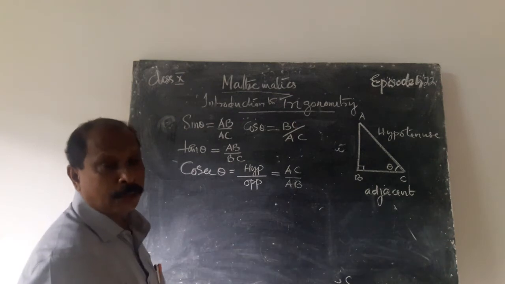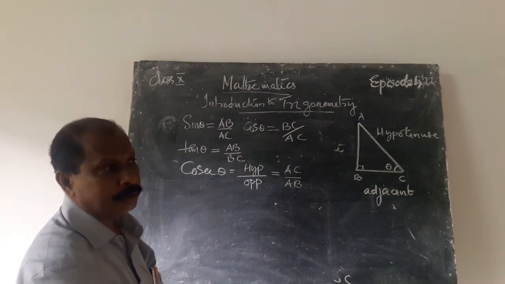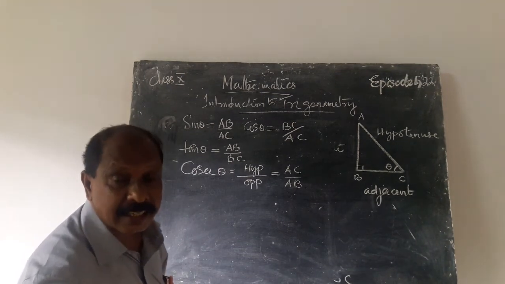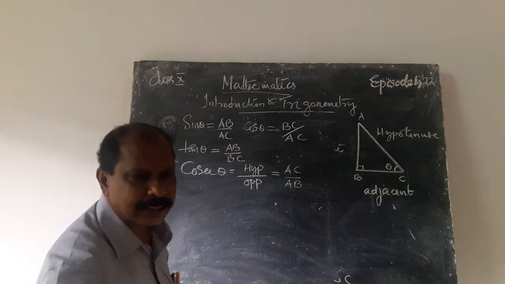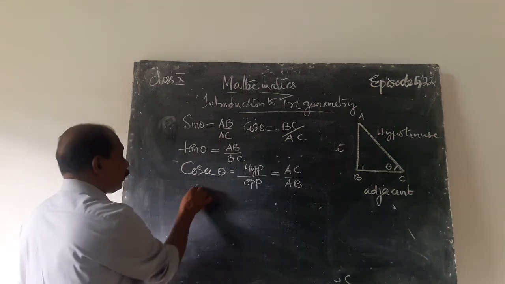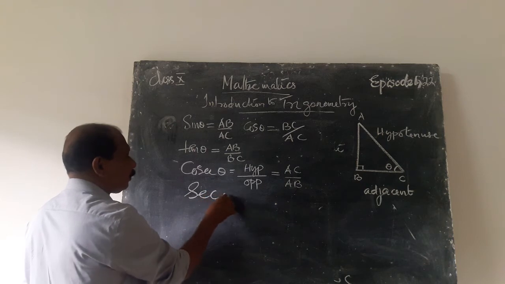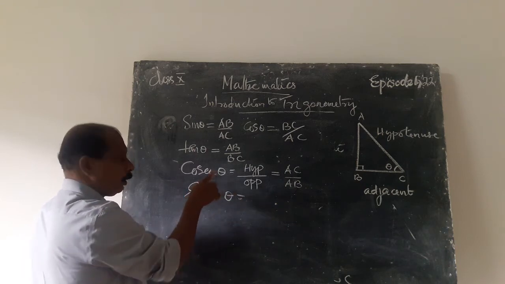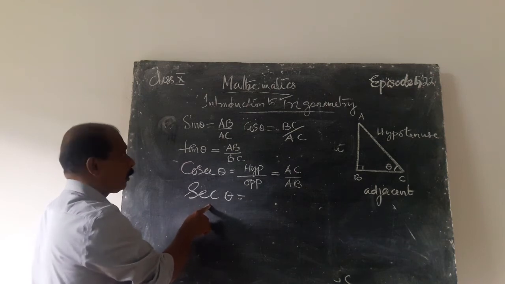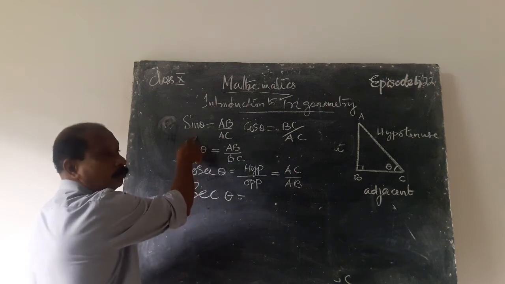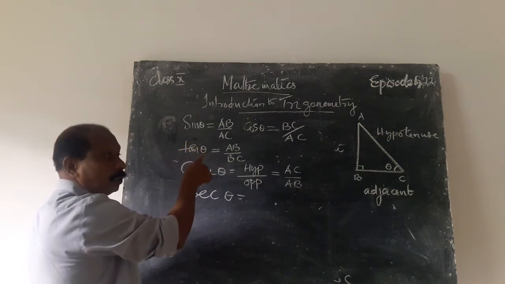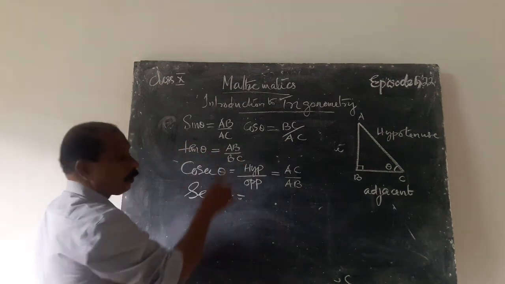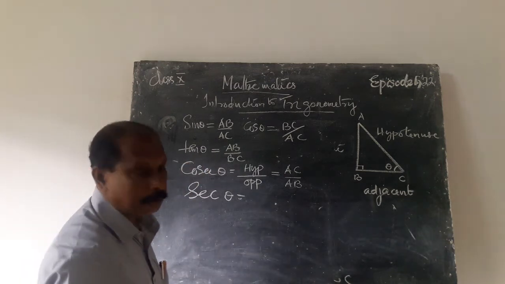And the reciprocal of the second trigonometric function cos theta is secant theta, short form sec theta. Cosecant short form cosec theta, secant short form sec theta, sine short form sin theta, cosine theta short form cos theta, tangent theta short form tan theta.